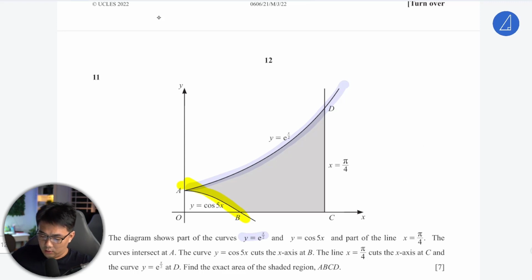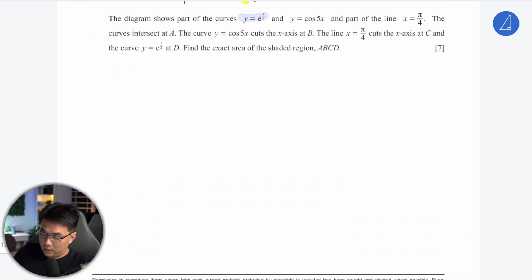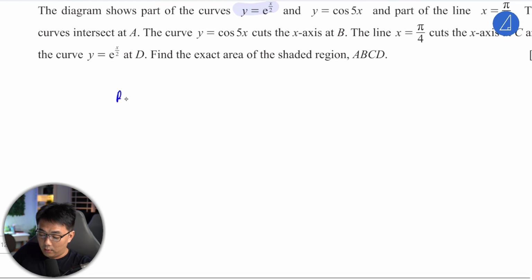Okay, great. I think this is not an issue. First thing is to understand that the shaded region is, if we were to project the e to the power half x curve down to the x-axis, we will get this whole shaded area here, right? And after which, because we need the shaded area, we need to minus off this area here. So we project the cosine curve down, we'll get this. So what we essentially need to find is the required area.